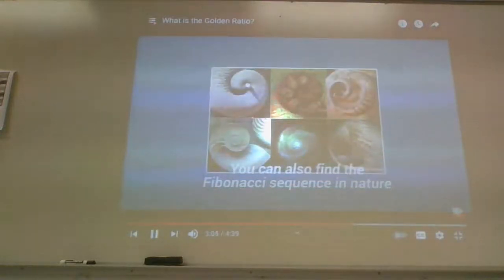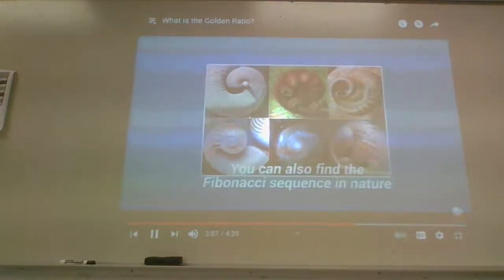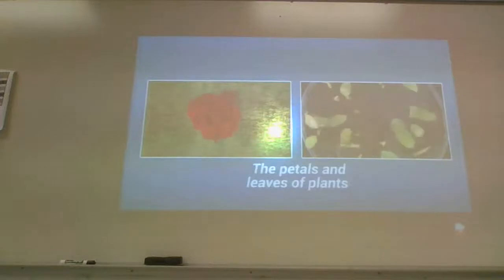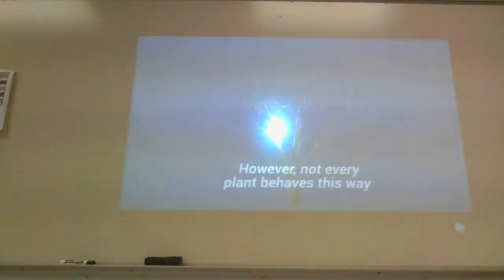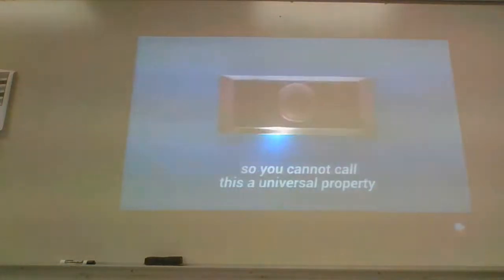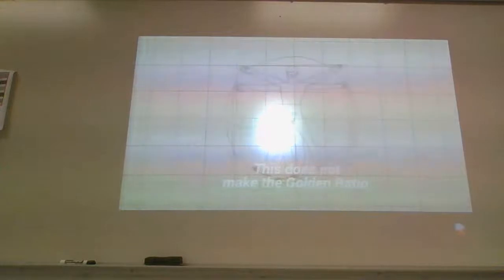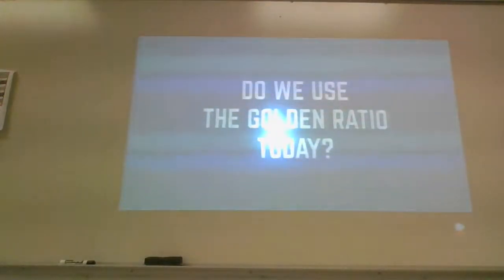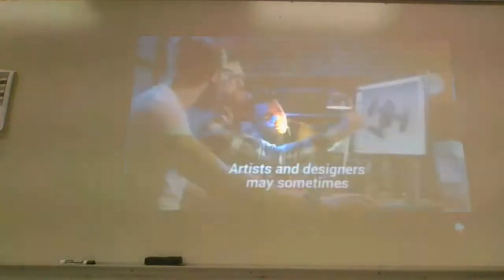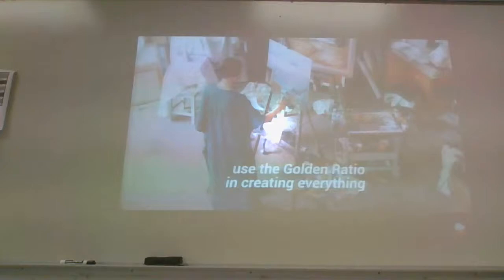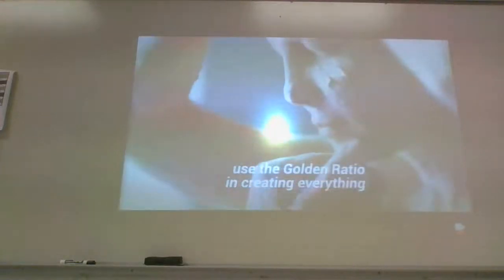You can also find the Fibonacci sequence in nature. The petals and leaves of plants are sometimes found within this pattern. However, not every plant behaves this way, so you cannot call this a universal property. This does not make the golden ratio any less interesting or valuable. Do we use the golden ratio today? Yes and no. Artists and designers may sometimes use the golden ratio in creating everything from products to brand logos.